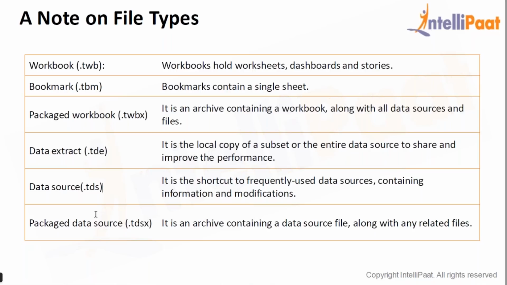Okay, and we have one more, which is the Tableau map source .tms. When we need to create a map with Tableau, we can also create custom maps. Either you can get it from Mapbox, or maybe you can get a custom map from a web mapping service, WMS, server.